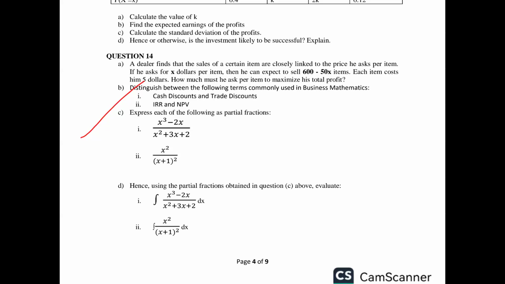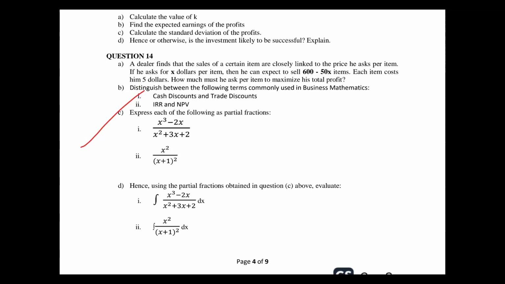So let's get to question 14C. Express each of the following as partial fractions. Part 1. Now, look, when you look at this question, x to the third degree, minus 2x to the first degree, over x squared plus 3x plus 2, this quadratic.